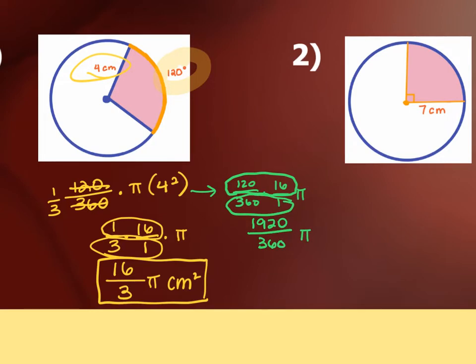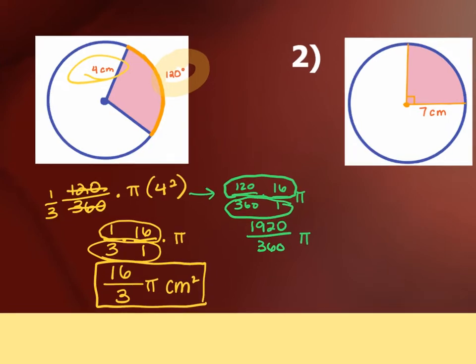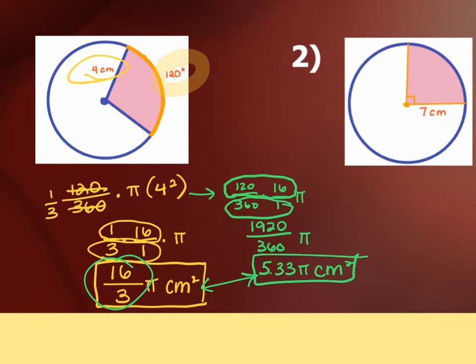And divide 1920 by 360, and you get 5.33 pi, and again it would be centimeters squared, which would be the same answer you'd get if you took 16 and divided by 3. So either one of these answers is okay. Questions on that one?